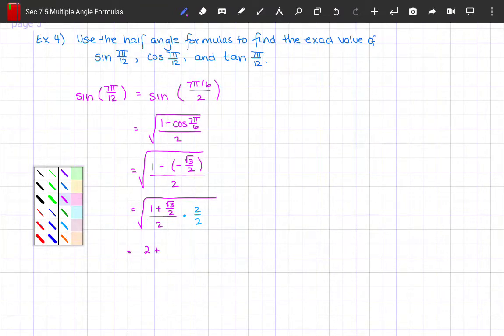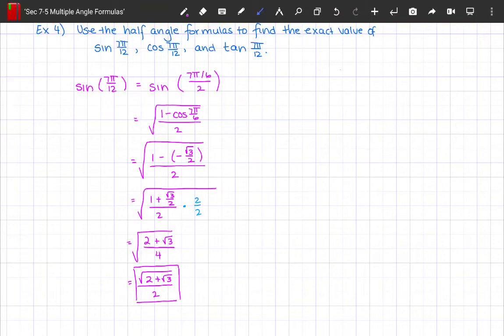So the numerator is 2 plus root 3, and the denominator is 4. But now I take the square root of the top, which I can't really do anything with, but the square root of the bottom is 2, and there's my final answer. And yes, when you use the half-angle formulas, you will often get these nested radicals, and that is totally fine.